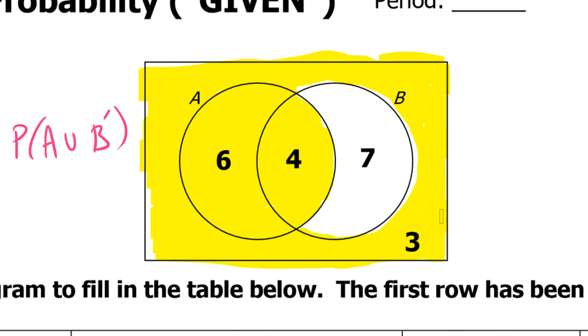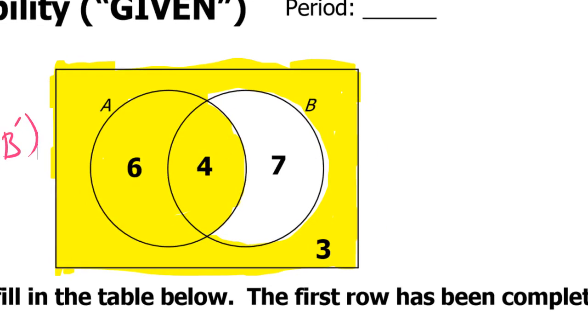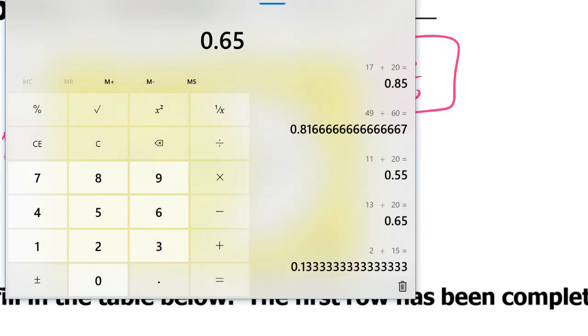So this is what A or not B would look like shading wise. So now as far as the probability, that's going to be target over total. So the target is everything that we shaded, which is 13, out of the total, which was 20. So that's one form of the answer. As a decimal, we're talking about 13 divided by 20.